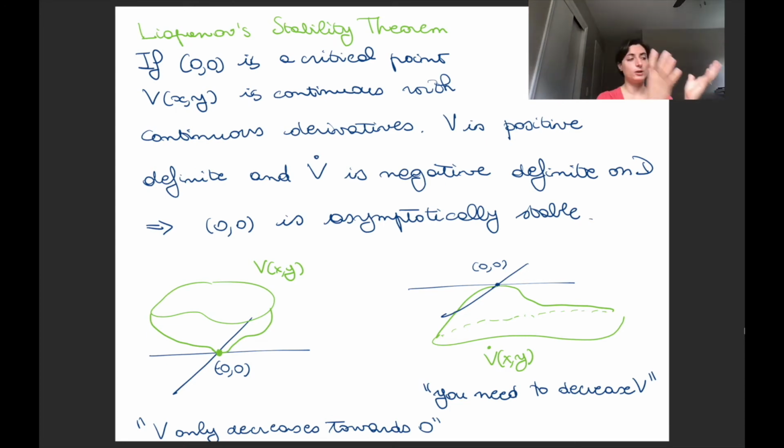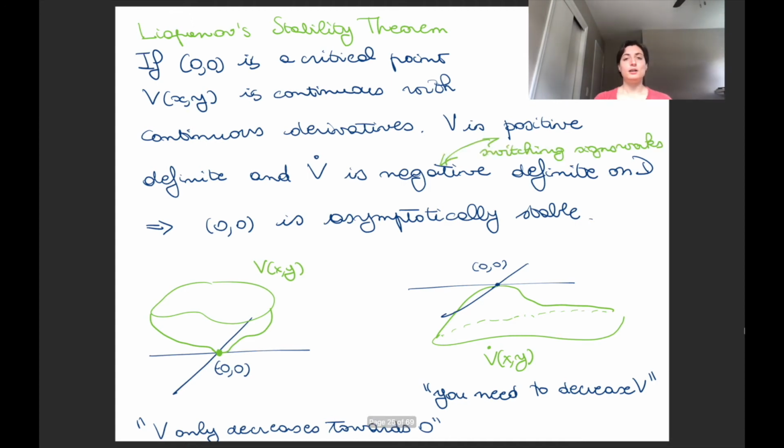And then you go and look at v, and v only decreases towards 0. So wherever you are, v dot is telling you that v is decreasing along the system, and the only way to get v to be at the minimum is going to 0, 0. That means that wherever you start in the neighborhood of 0, you have to go to 0. There's no other choice.